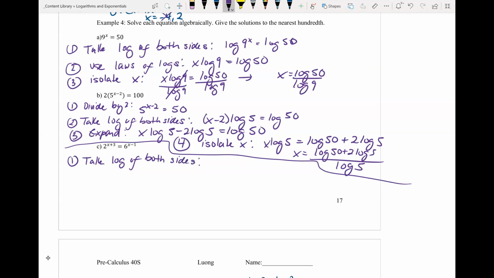And in this case, I'm just not going to skip a step so you can fully see what I'm doing. So it's going to be log 2 to the x plus 3 is equal to log 6 to the x minus 1. Now I'm going to bring down the exponents using our laws of logarithms.